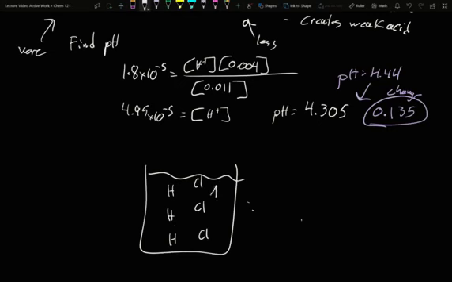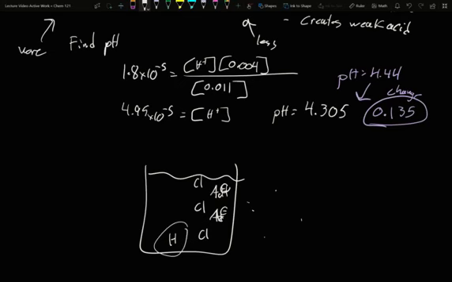But if there is AC minus around, those H pluses can pair up, and then they're not in solution. They're not freely floating, hanging out on their own anymore. And so by having something it can react with, it changes the amount of H plus that is released due to the strong acid. The less H plus that ends up being released, the less the change in the pH.